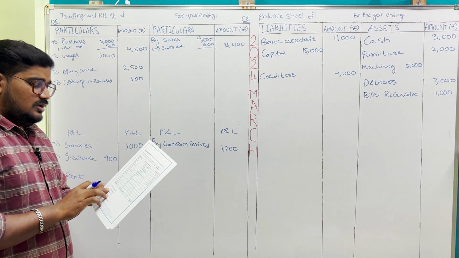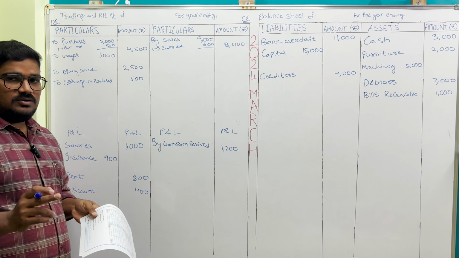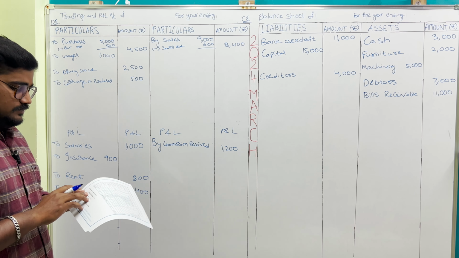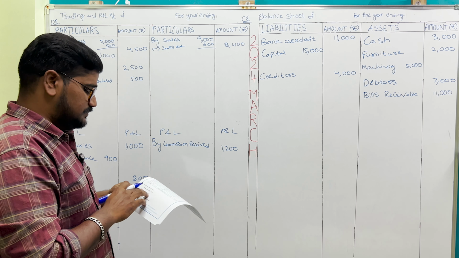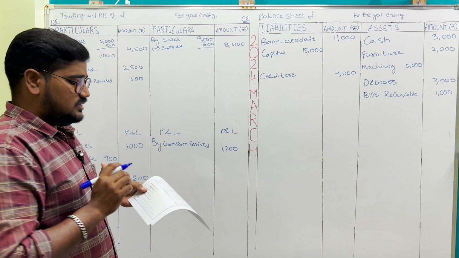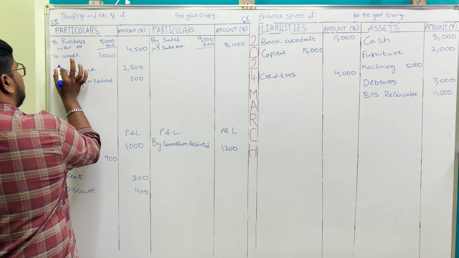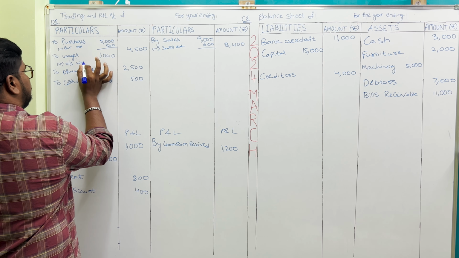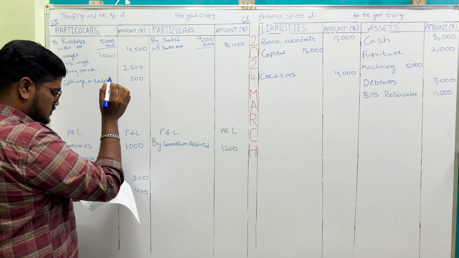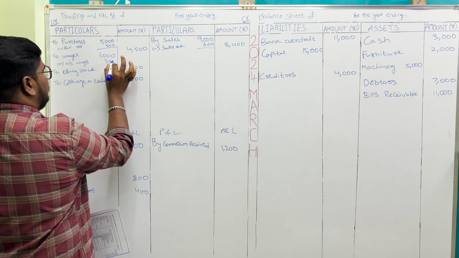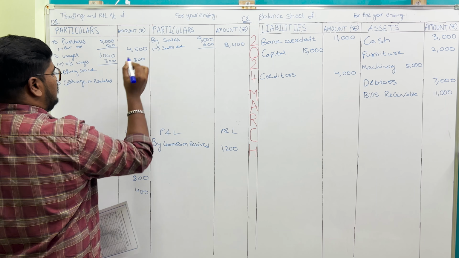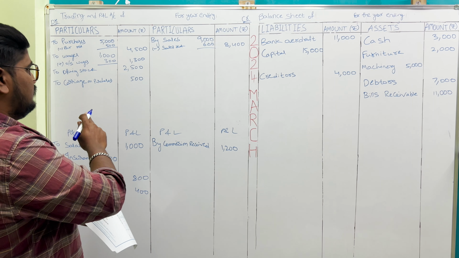First adjustment, we always remember adjustments have two effects. Wages outstanding 300. Outstanding wages means add outstanding wages to wages, and the outstanding wages are 300, and total in the outer column 1,300. Okay, this is the first effect.